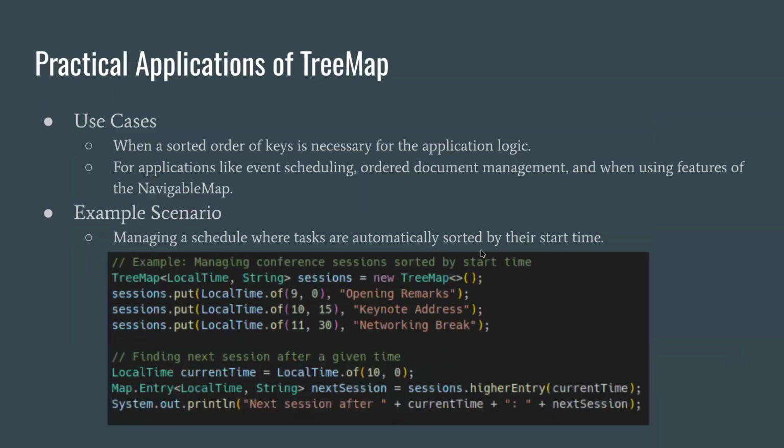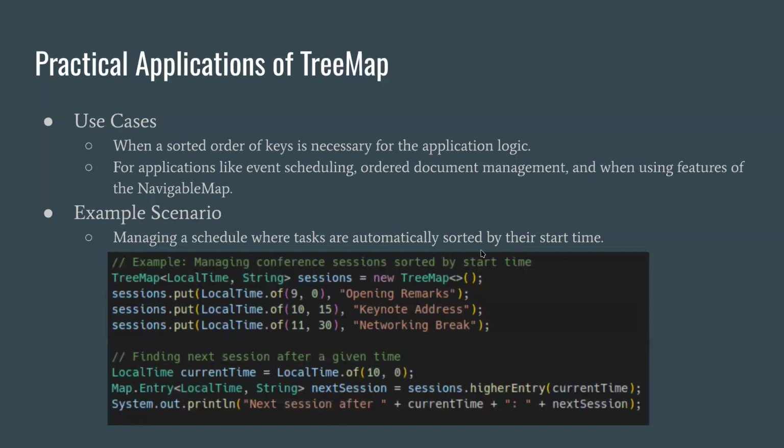Practical applications of TreeMap. So you might be wondering where the TreeMap fits in the real world. There are many cases, but just to give you an example, say you are building an application for a conference schedule, then sessions are planned throughout the day.